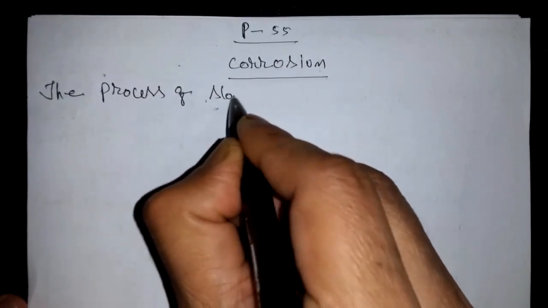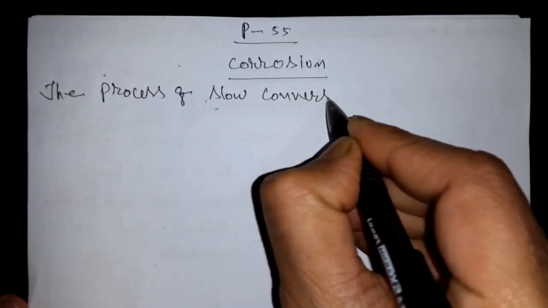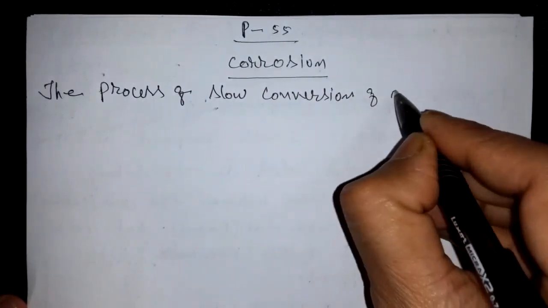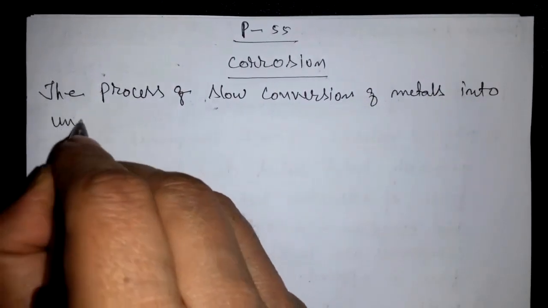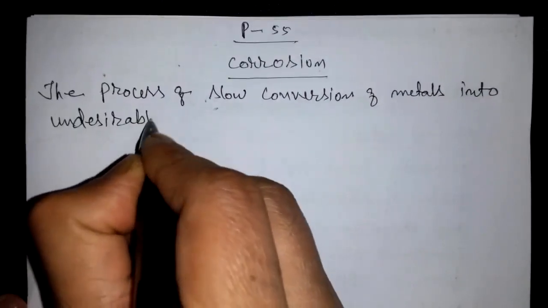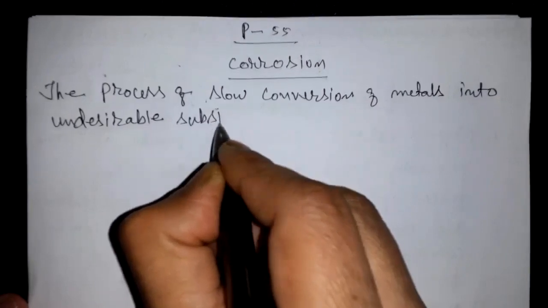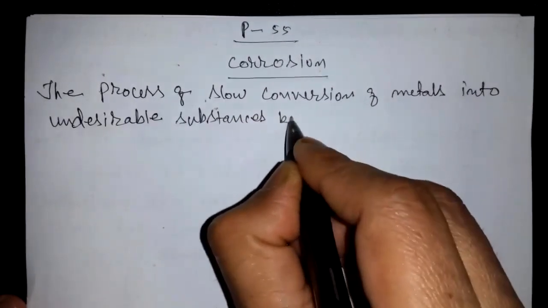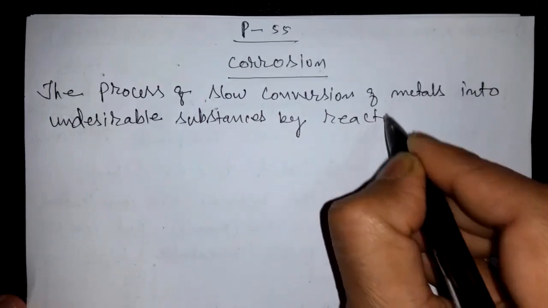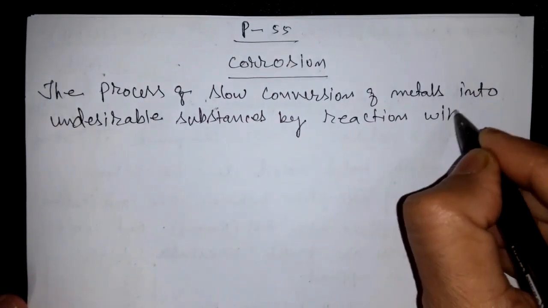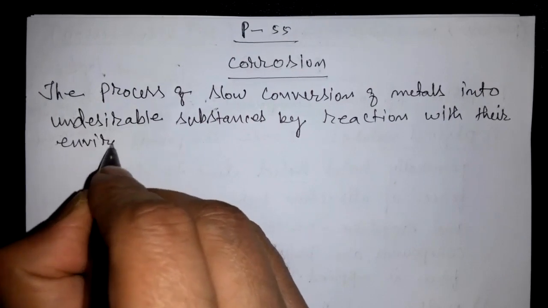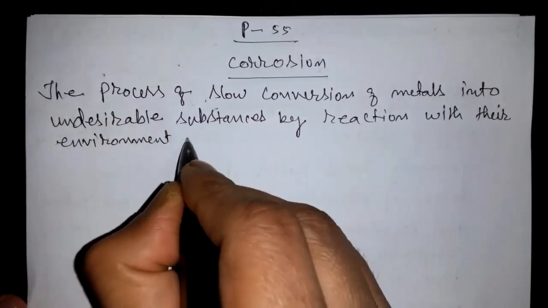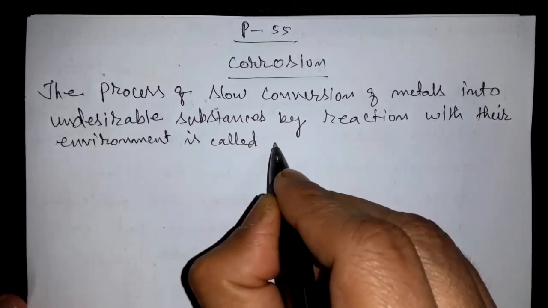The process of slow conversion of metals into undesirable substances by reaction with their environment is called corrosion.